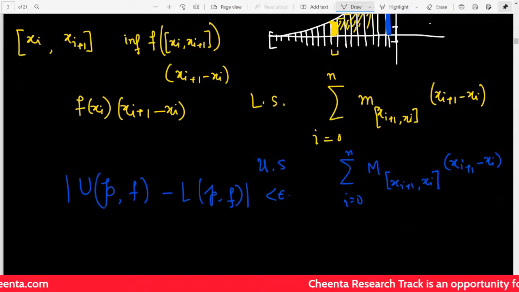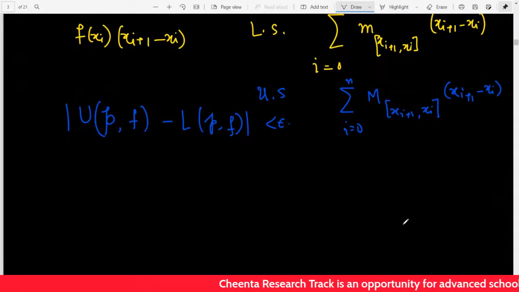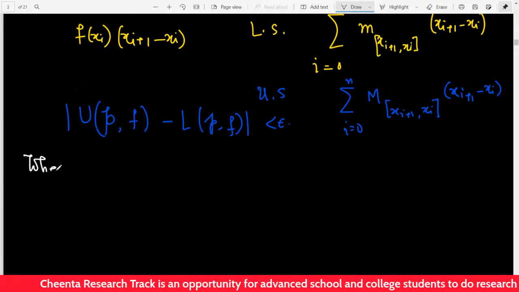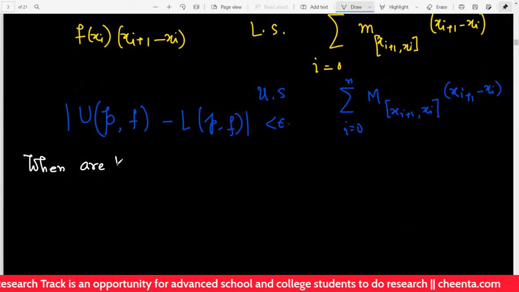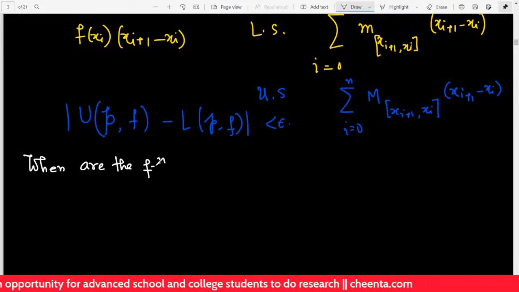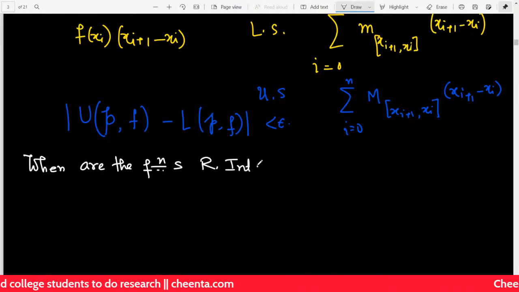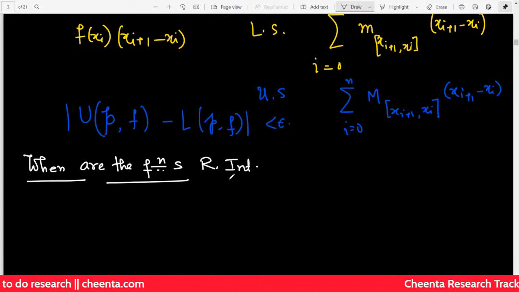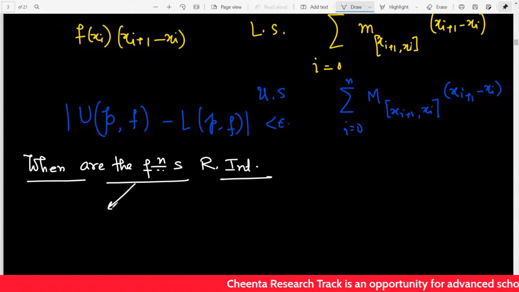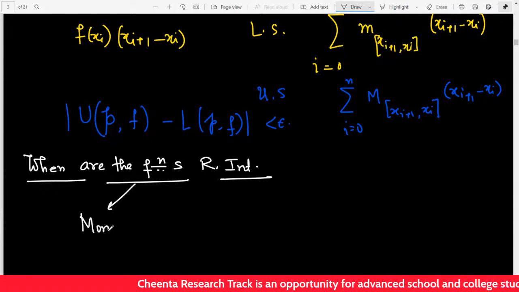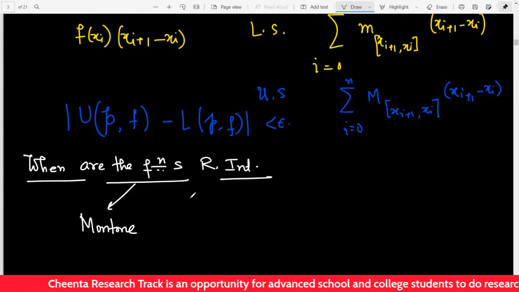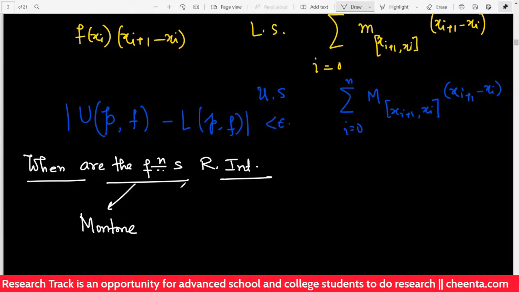Now one of the things you need to brush up on is when functions are Riemann integrable. It's safe to assume that all of these will be integrable. First, monotone functions: if a function is monotone, then it is integrable.